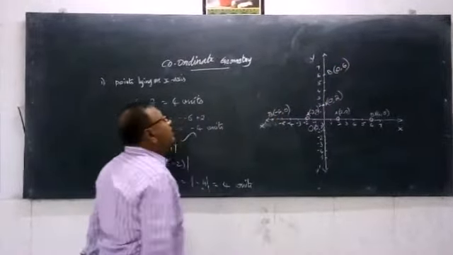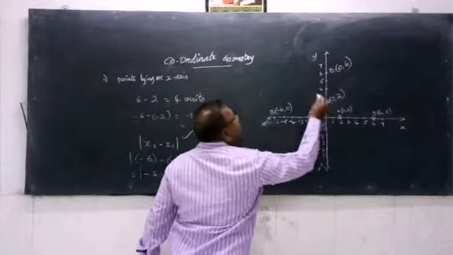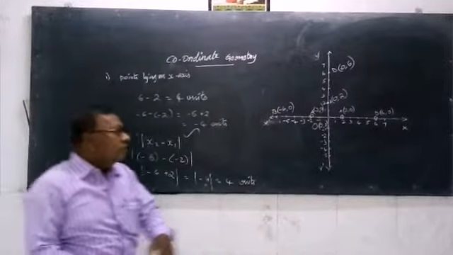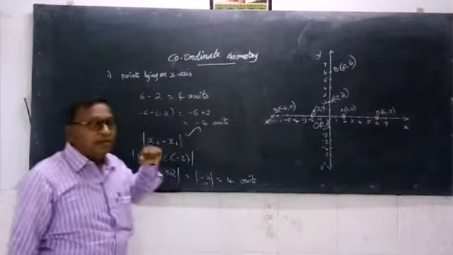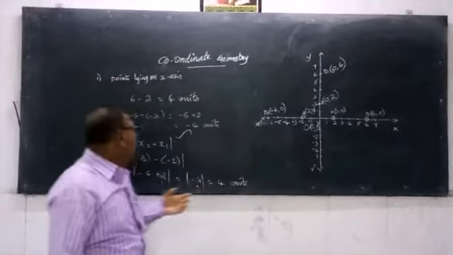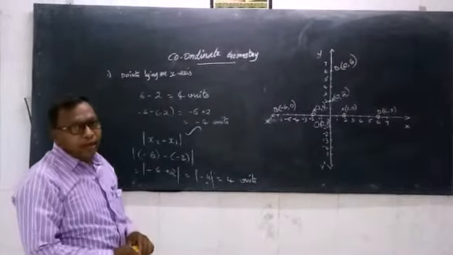Okay. Now for this, from here to here it is 6 and here to here it is 2. So 6 minus 2 is once again 4 units. Likewise, if we take negative value, then we use this modulus to get the positive value of it.